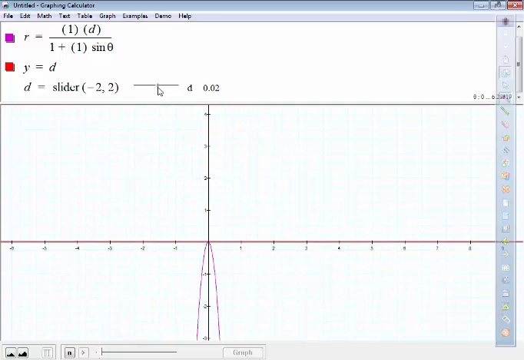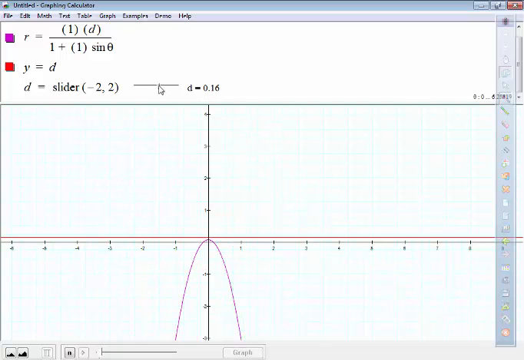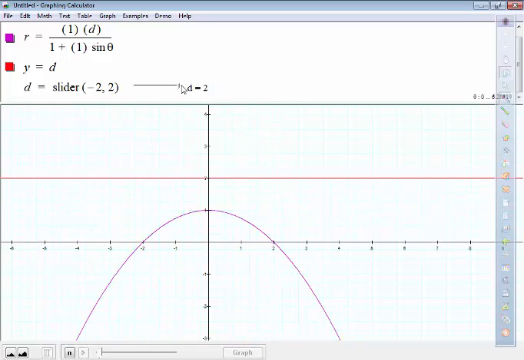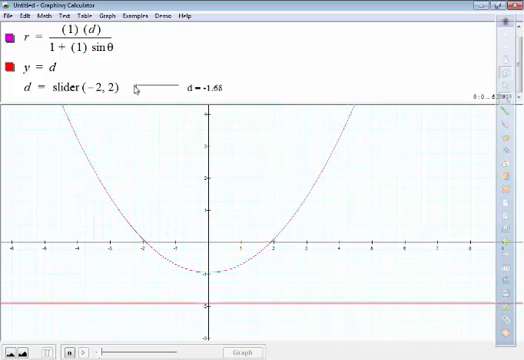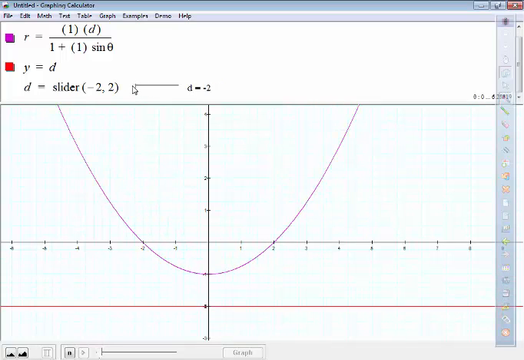When D is equal to 0, I just have r equal to 0, so I don't have a graph there. But when it becomes positive, you see that it turns back around. It goes upside down. So these are all parabolas.